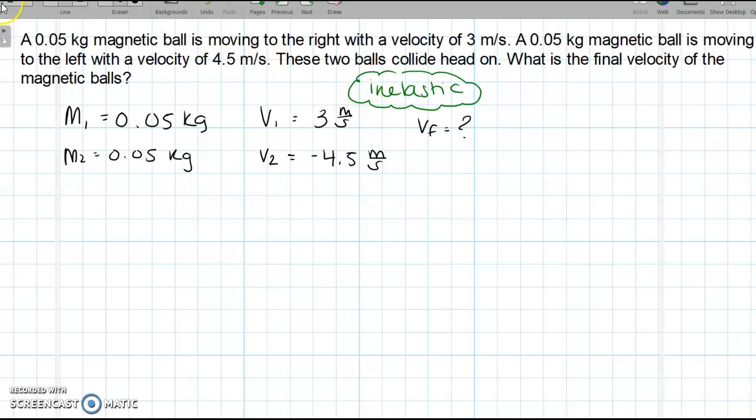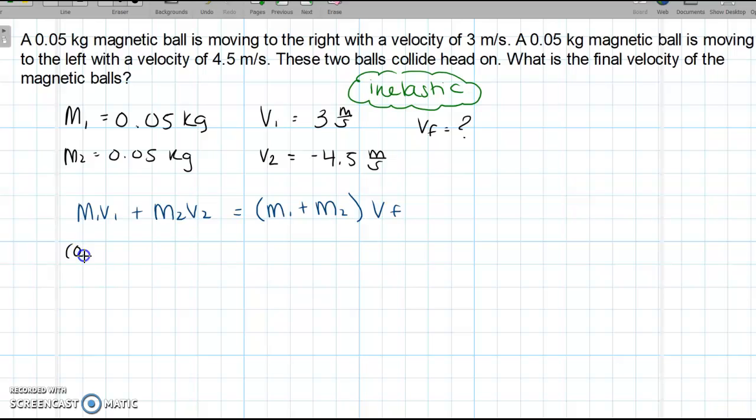So our equation for this is m1v1 plus m2v2 is equal to our masses combined times a final velocity. Alright, so let's plug in our information here.